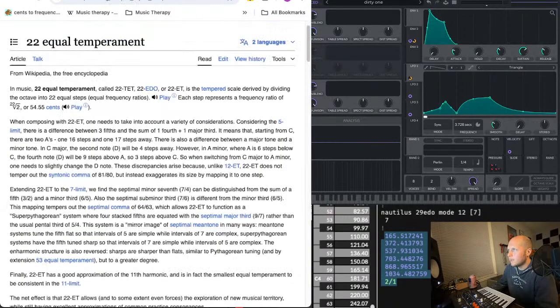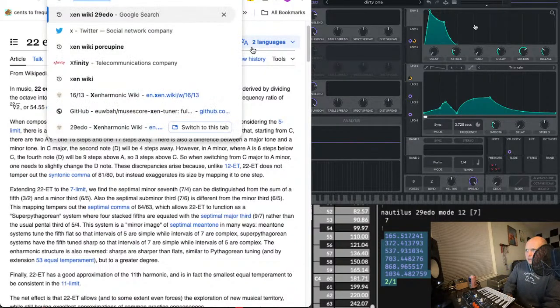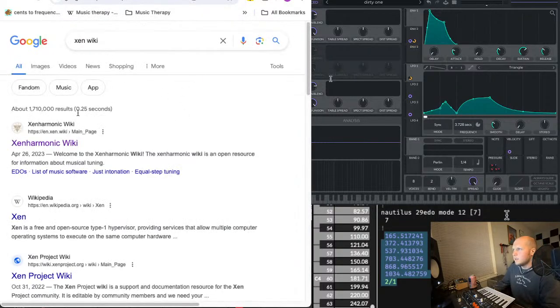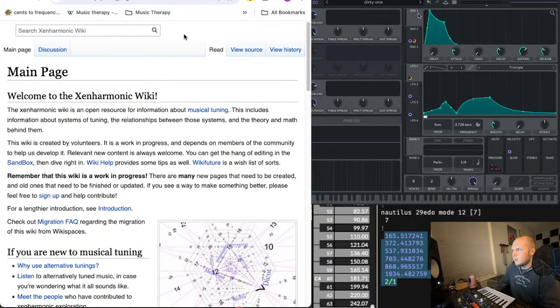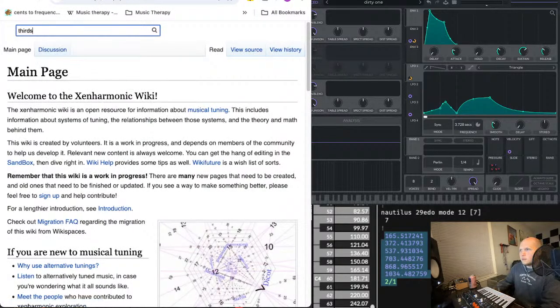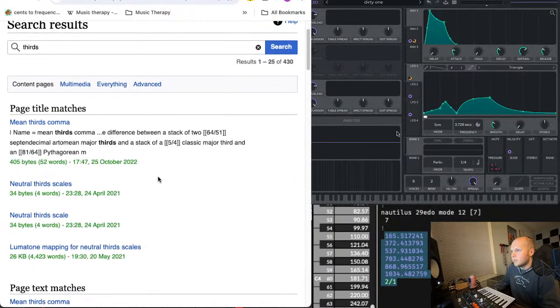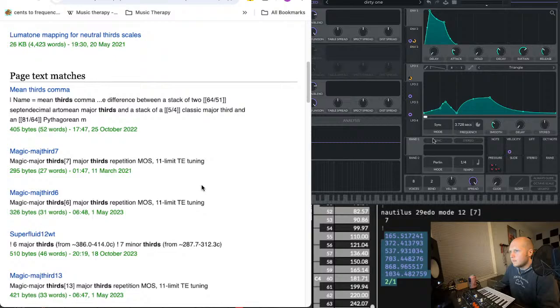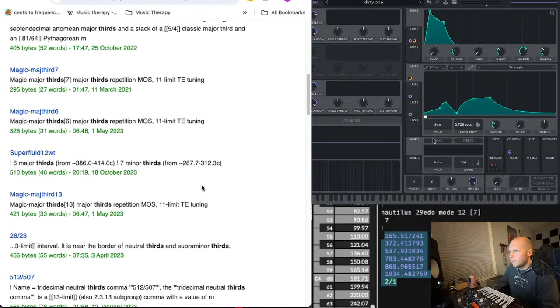The other thing that I want to try right now is go to ZenWiki and see if I can't find an article about thirds. Just see if there's something. Just a bunch of just third stuff.